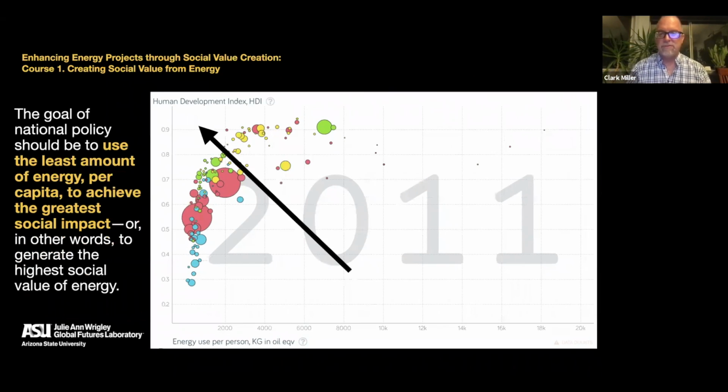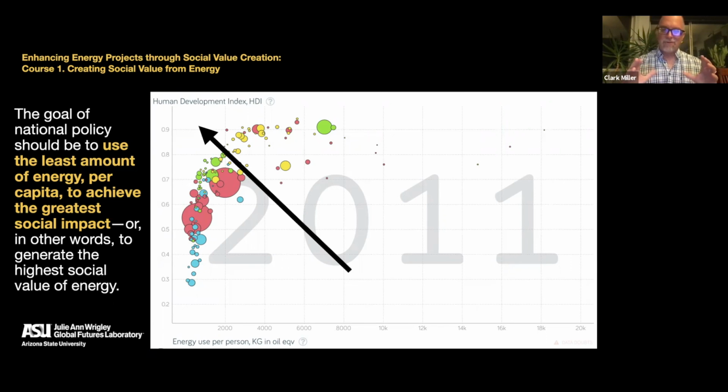So if you put these two ideas together, what you find is that as you go towards the upper left-hand corner of this graph, you are increasing the social value of energy. You are increasing, at a net level for the country as a whole, the amount of value you're deriving, the human development or the GDP that you're creating, and you're using less energy per capita to accomplish that goal.